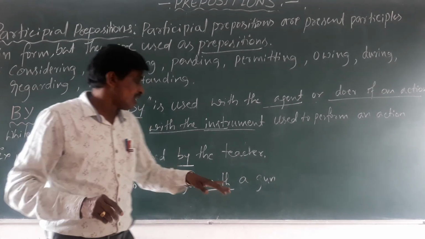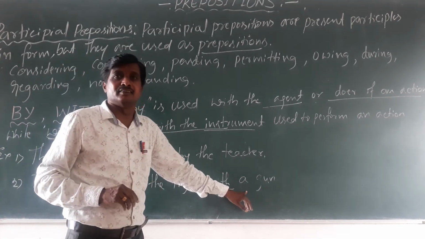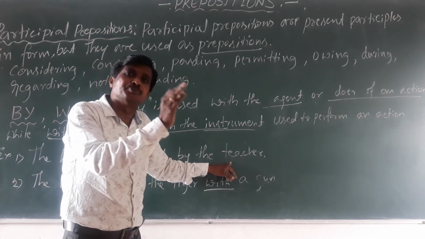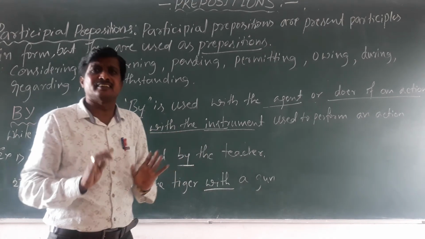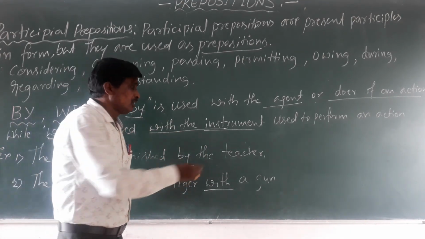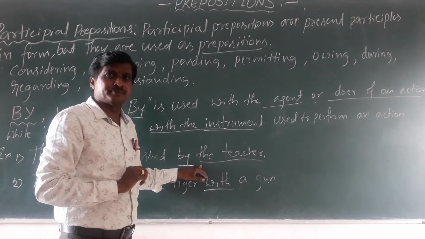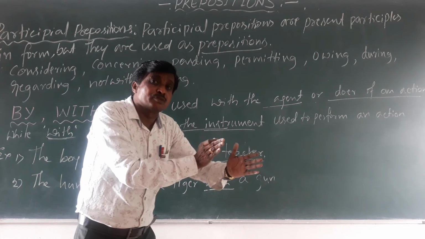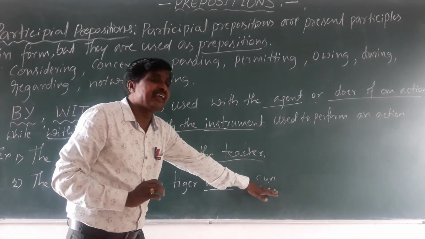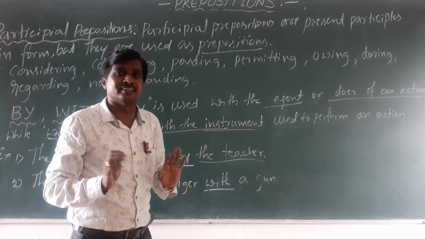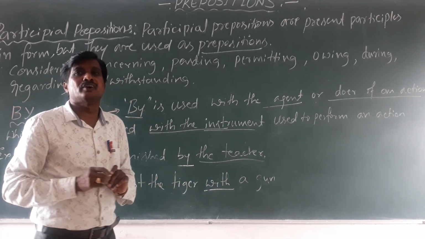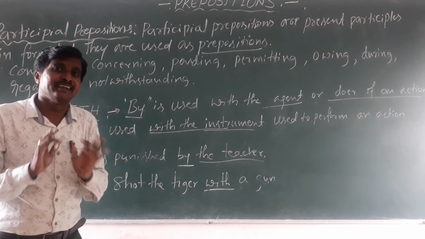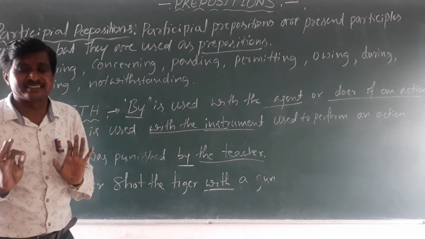Like this, always with a gun, with a sword, by the teacher, by the policeman. By is used with the agent, but with is used with the instrument: a gun, a sword, like that. Okay, now your confusion most probably is clear with these examples.